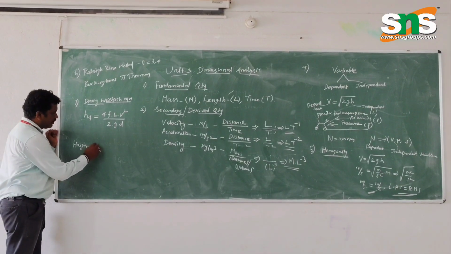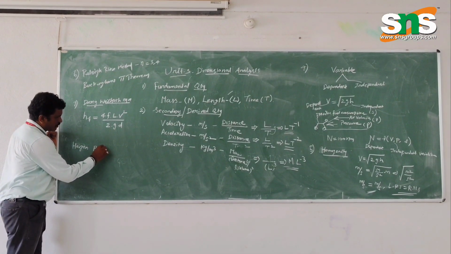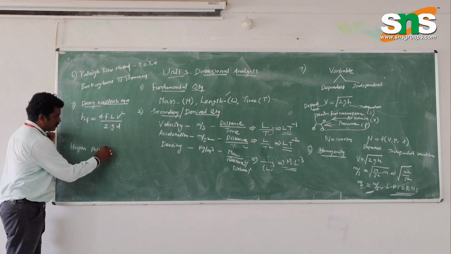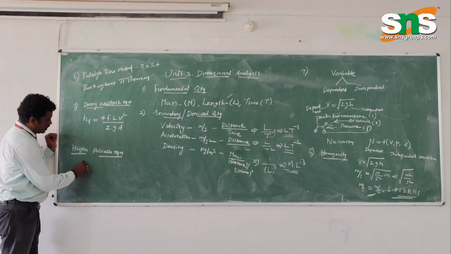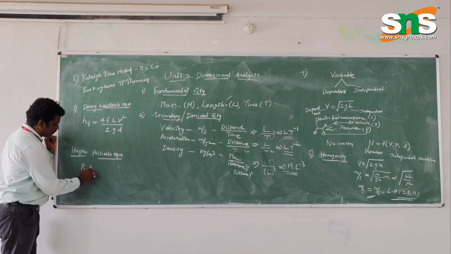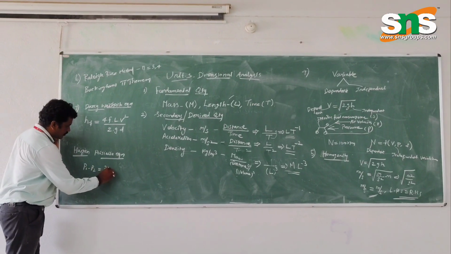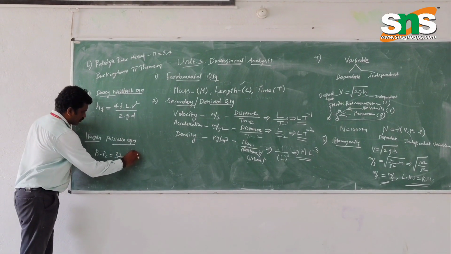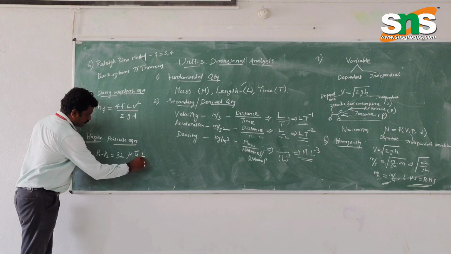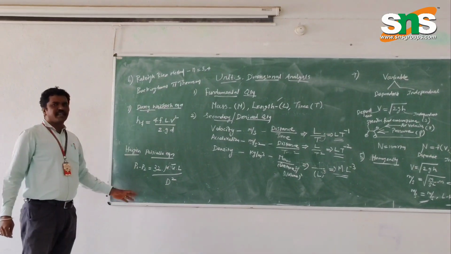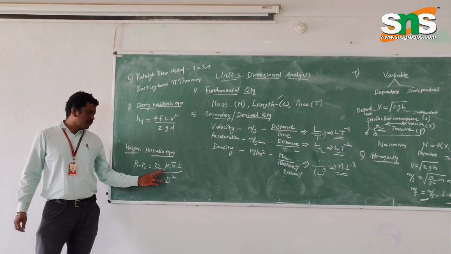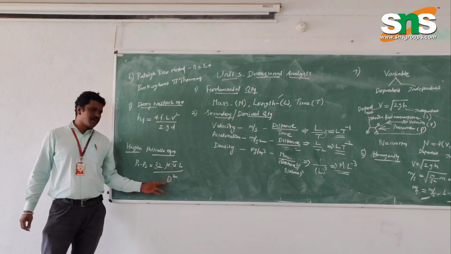So, P1 minus P2 equals 32 mu u bar L divided by d squared.